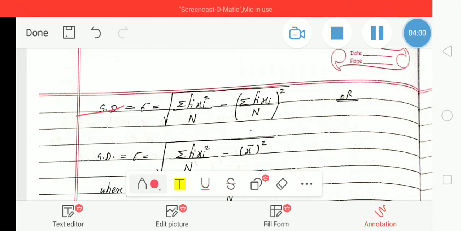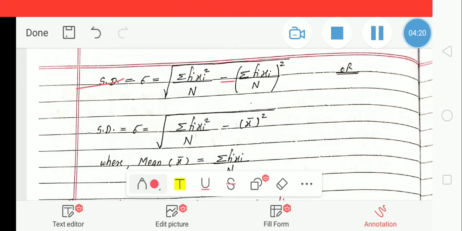Standard deviation sigma is equal to the square root of the summation of fi xi square divided by n minus (summation of fi xi divided by n) whole square, or sigma is equal to the square root of the summation of fi xi square divided by n minus x bar square, where x bar means mean.